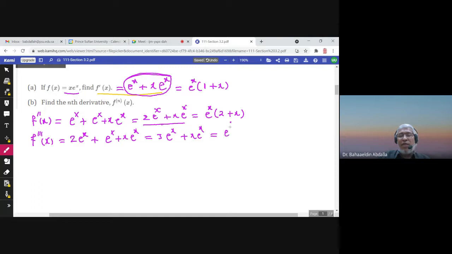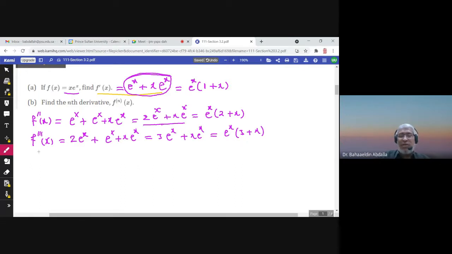And if you take e to the x as a common factor, you will have 3 plus x. Is there a pattern here? Notice the first derivative, e to the x times 1 plus x, the second derivative, e to the x times 2 plus x, the third derivative, e to the x times 3 plus x.